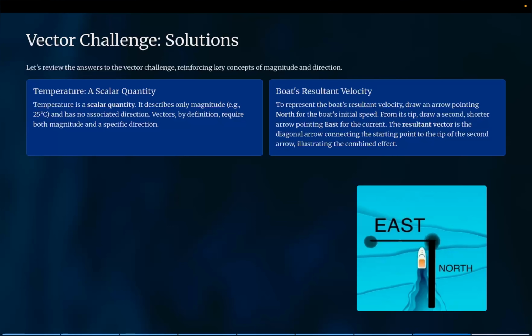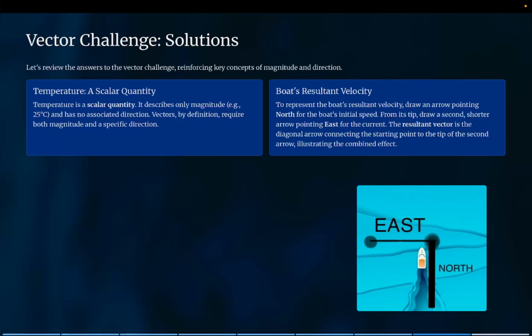That means the boat first traveled north at 15 miles per hour. And then from the tip of that arrow, draw a second, shorter arrow pointing east for the current.